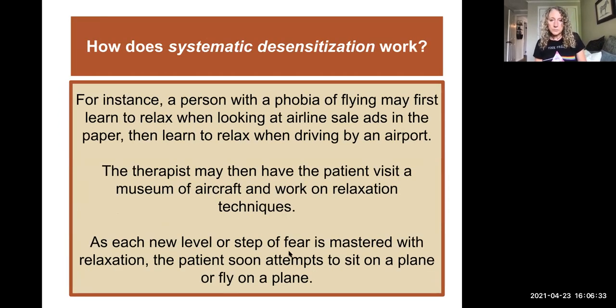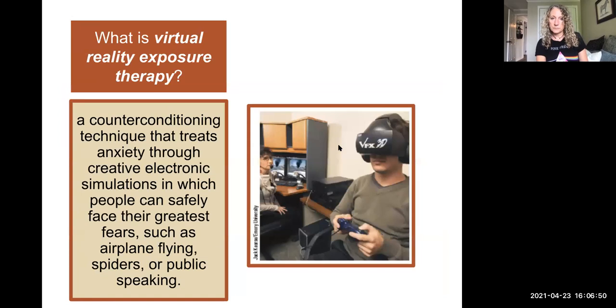Here's another example with flying: you may first learn to relax by looking at airline sale ads, then drive to the airport, then visit a museum, and then eventually you might fly on a plane. Virtual reality is similar, but they use a simulated virtual experience.